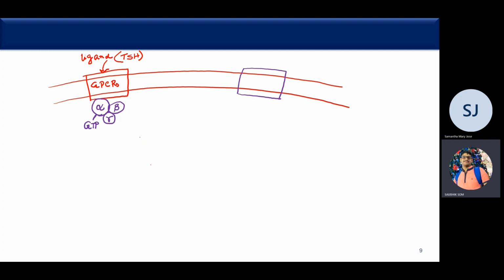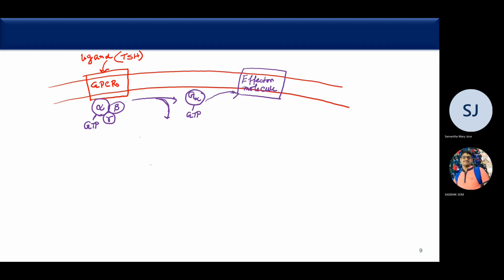It could be transmembrane or not, but for the time being, let's think of this as my effector molecule. From here, two things happen. One, the G alpha GTP complex goes and activates this complex.